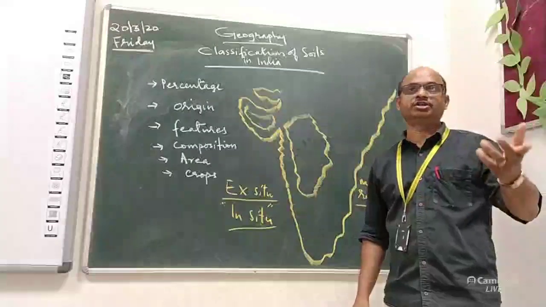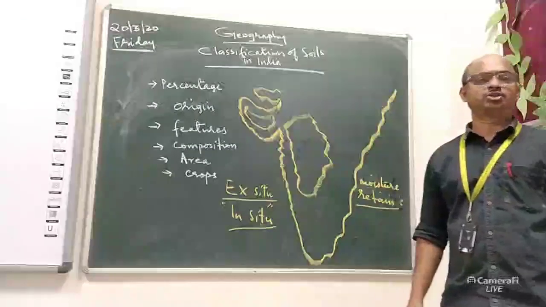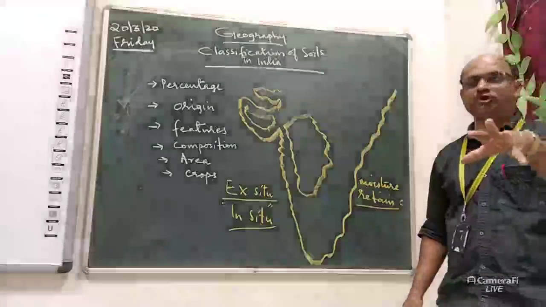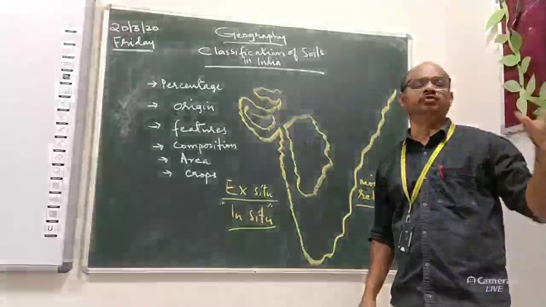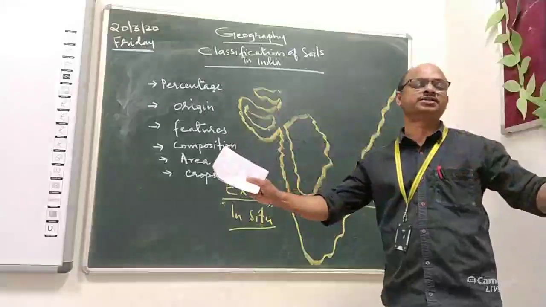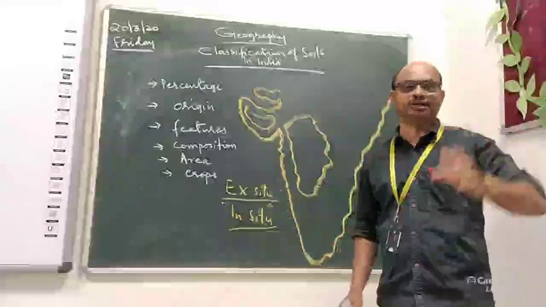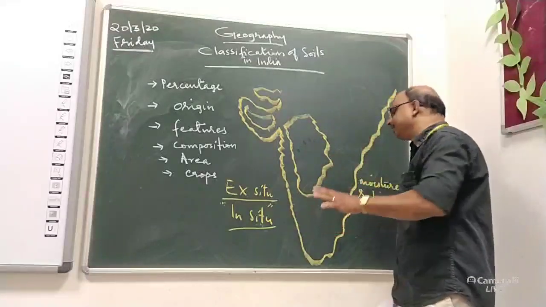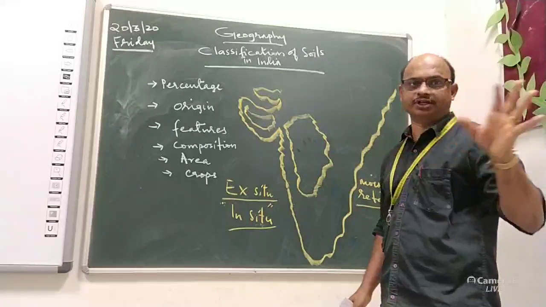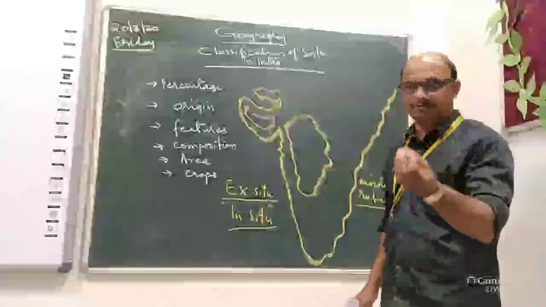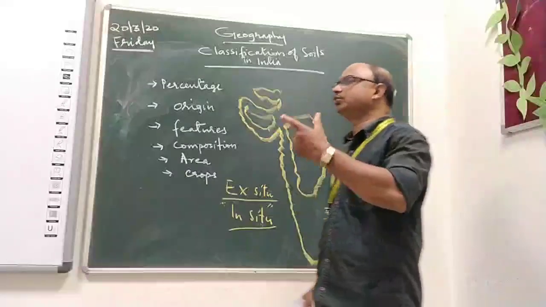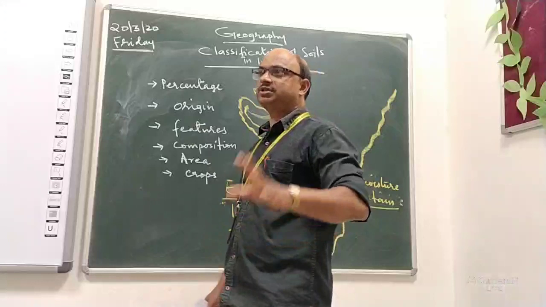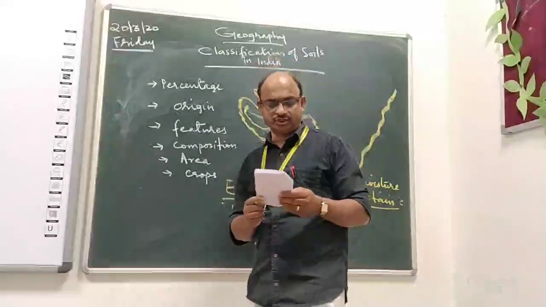When we think about red soil or other soils, if there is one rainfall, maybe 1 or 2 days it will be there, and after that you cannot see the moisture content. But here in black soil, there is moisture retentive power. That means moisture will be there. That is why many crops are cultivated there. That is a very important feature of this soil.